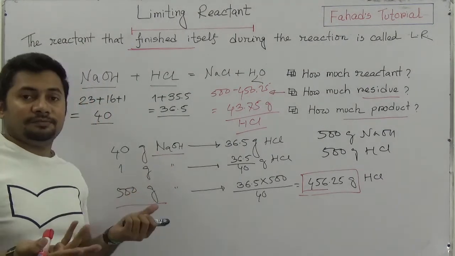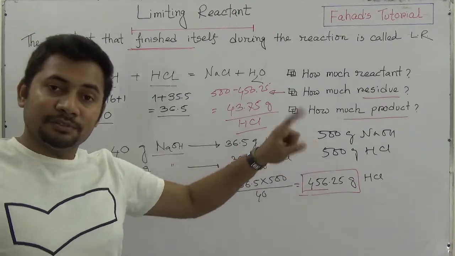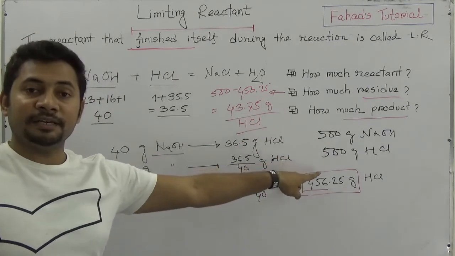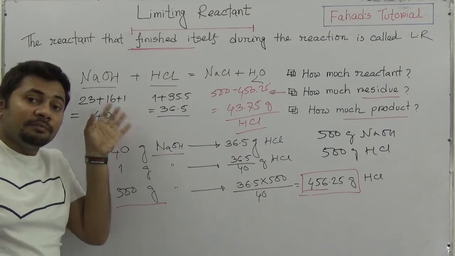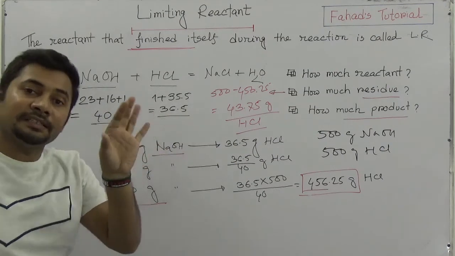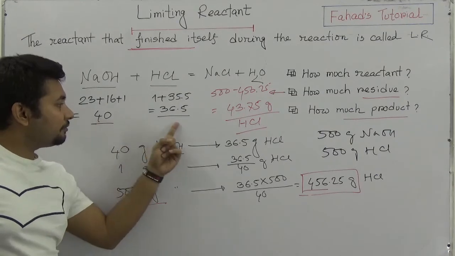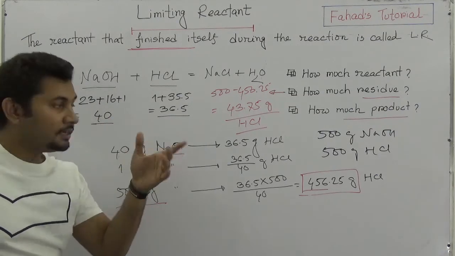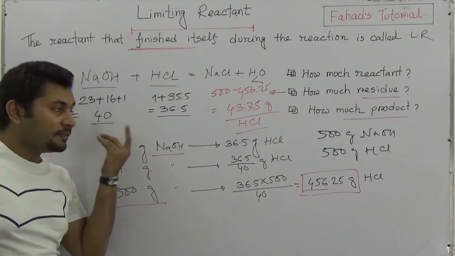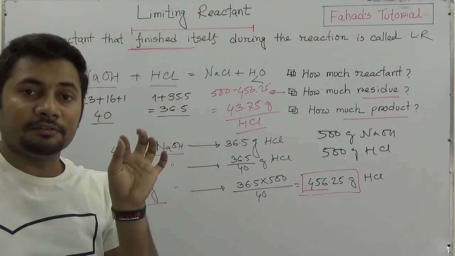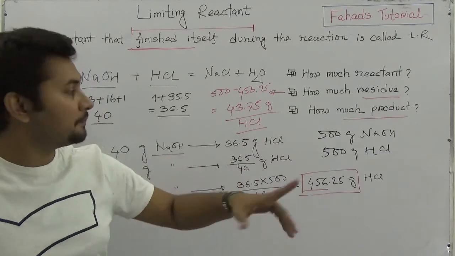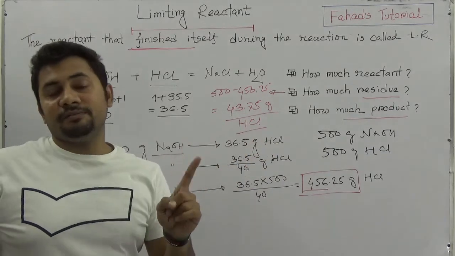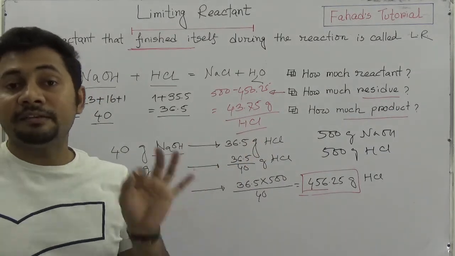Sodium hydroxide was finished, because 500 gram sodium hydroxide is reacting with 500 gram hydrochloric acid. I was just giving you an idea that 40 gram will be finished after reacting with 36 gram. That means if 40 gram was given as equal, then 40 gram sodium hydroxide will be finished, but chlorine would be the residue. So that is why when 500 was given, 43.75 gram hydrochloric acid will be the residue.